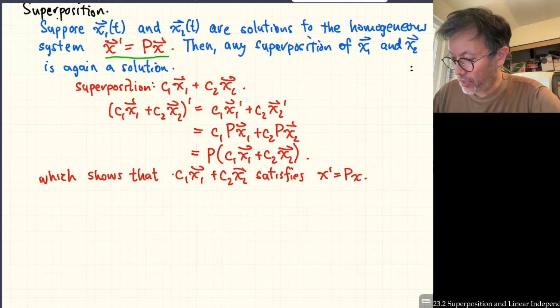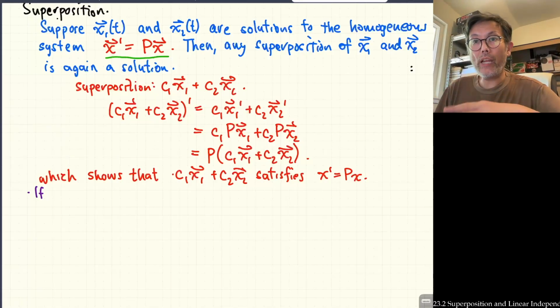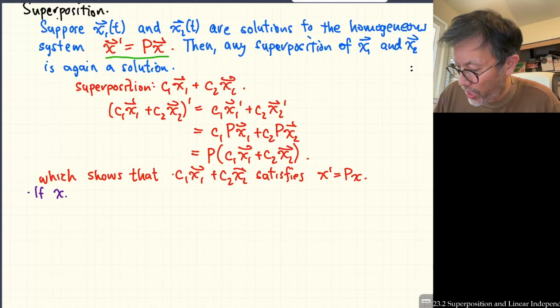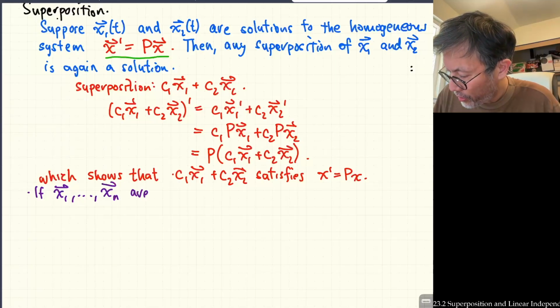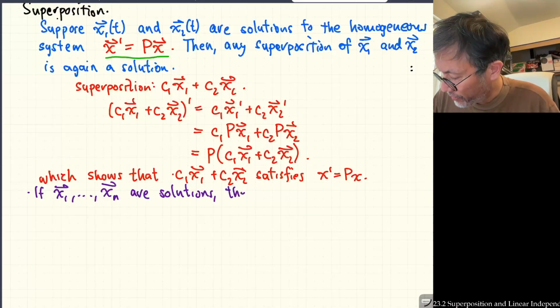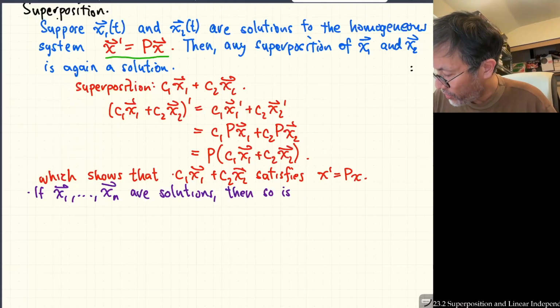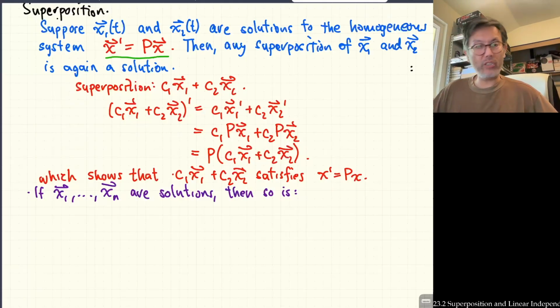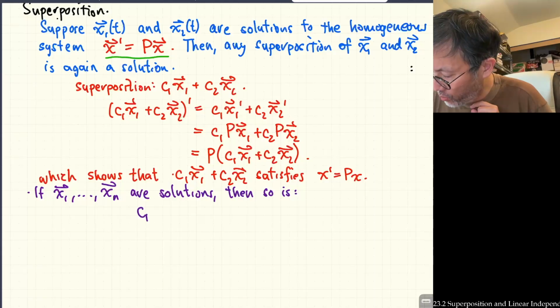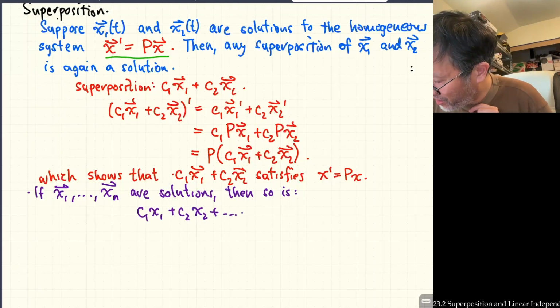So in particular, we should see now, if we have a bunch of solutions x1 through xn, then so is this grand superposition, which looks like c1 x1 plus c2 x2 all the way up to cn xn, with hats on top of all the x's.